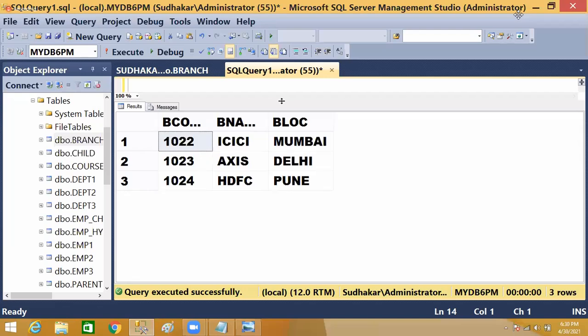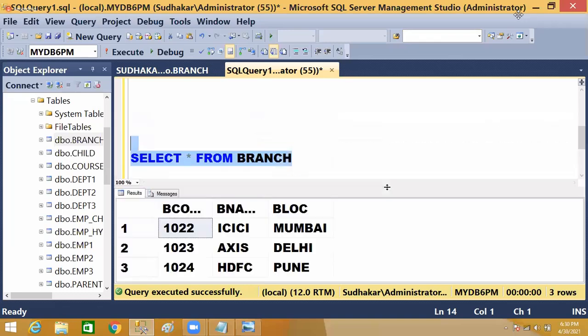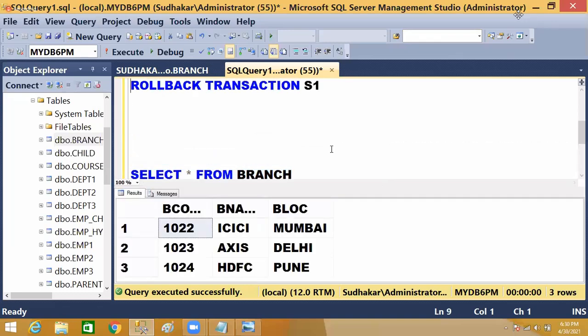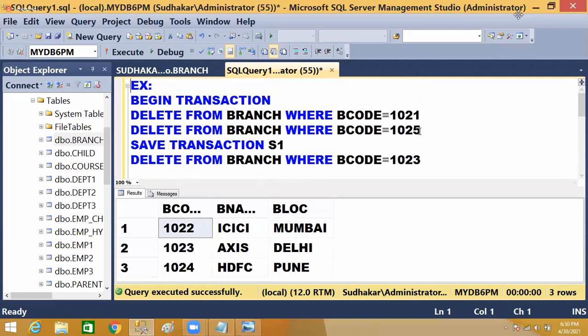Those 2 records are still in the instance memory. Okay? Right. So the remaining 2 records are still in instance memory only.